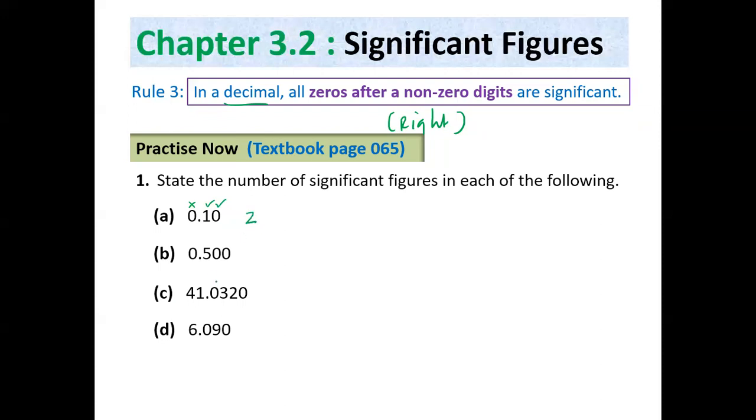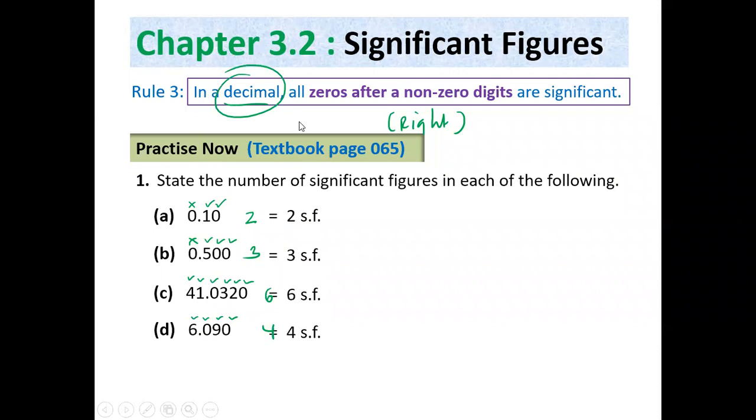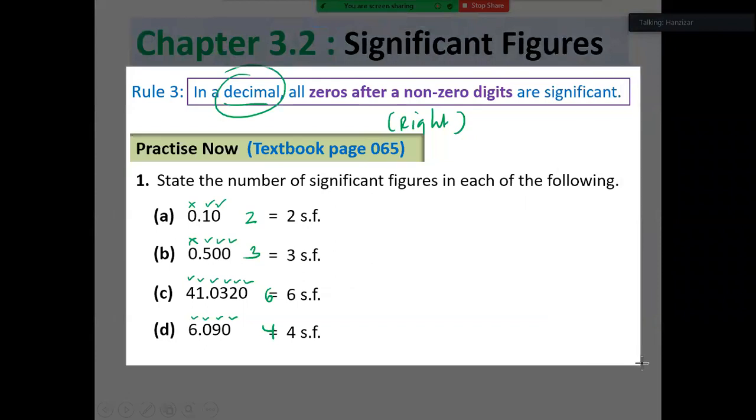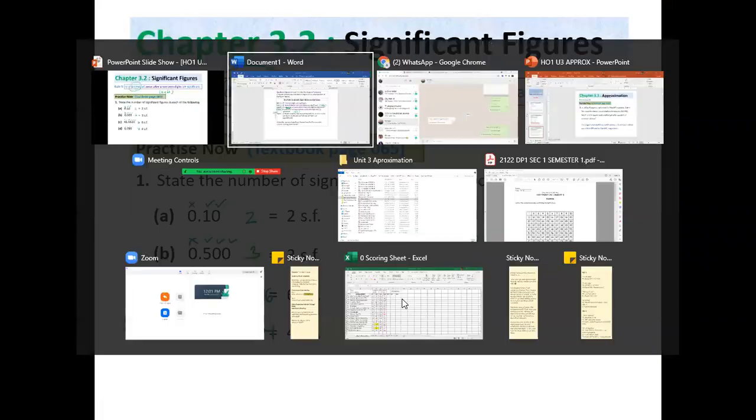So two significant figures, then 3 significant figures, then 6 significant figures, then 4 significant figures in a decimal. So 2, 3, 6, 4. Rule number 3 is quite hard because you have to think of the decimals. Focus on the decimals.